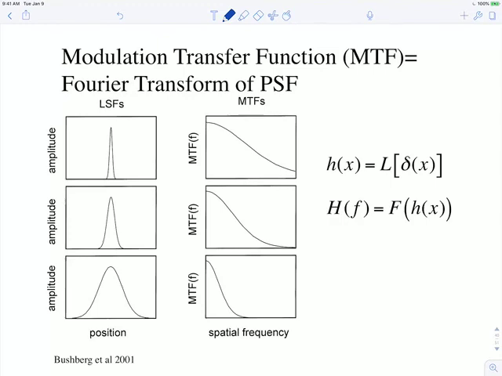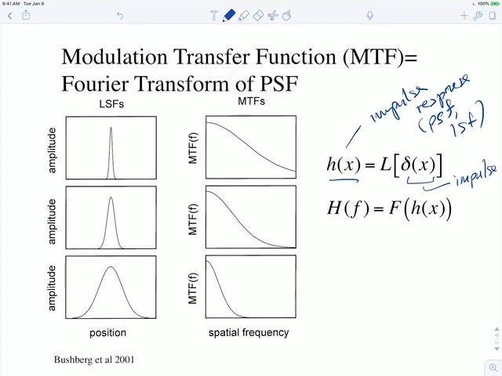So for example, h of x is my impulse response, or my PSF, or my line spread function. Okay?